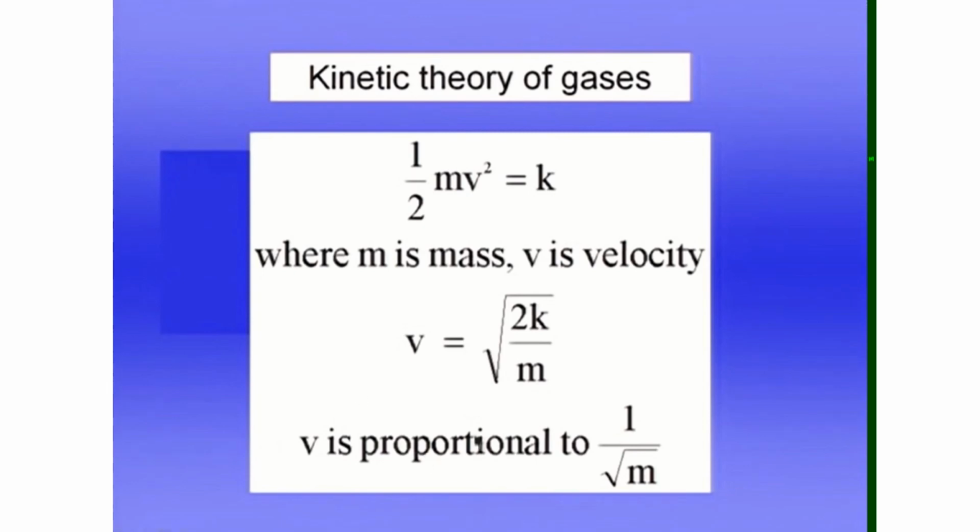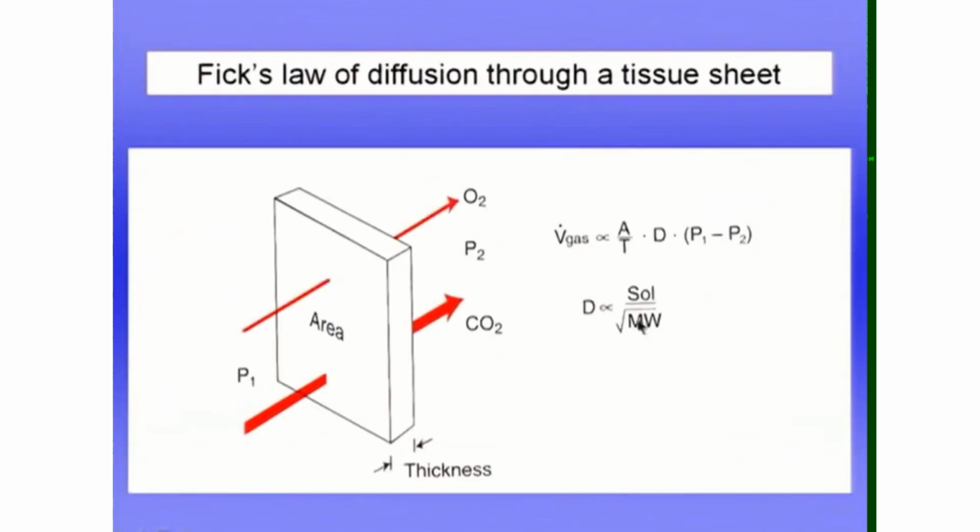And the kinetic energy is given by a half mv squared here, that's a constant. And if you rearrange that, that means that the velocity is inversely proportional to the square root of the mass, as shown here. So that's the reason why in this equation we see the inverse of molecular weight.